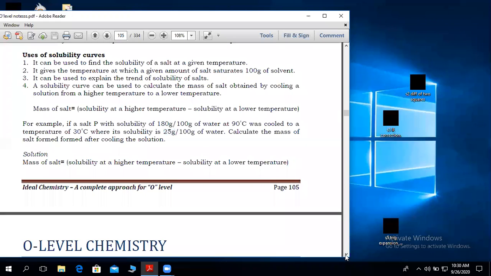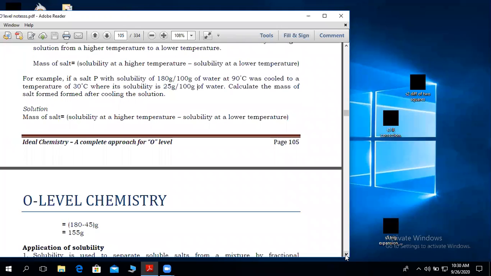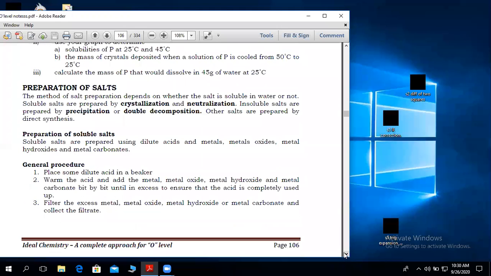Now, in the 10 minutes remaining, I want to go through preparation of salts. Remember the question that I asked you, the example of salt that can be prepared by direct synthesis. The answer I wanted there, I told you the most favorable salt for that method is iron 3 chloride.